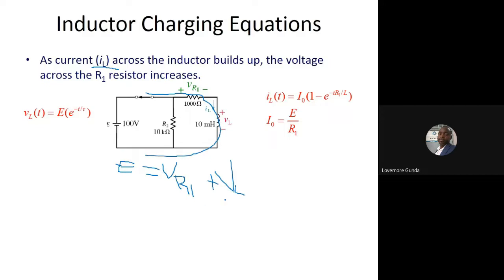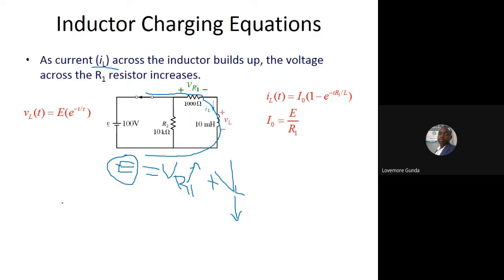So as VL decreases, VR1 should increase so that we always have the sum being equal to E.